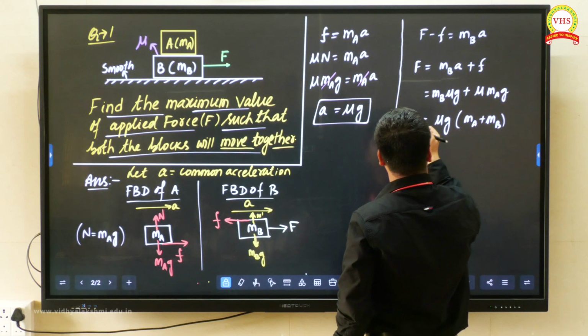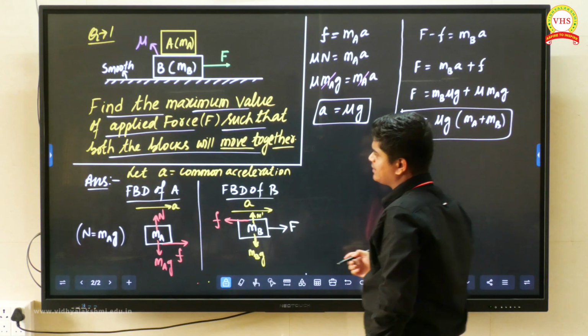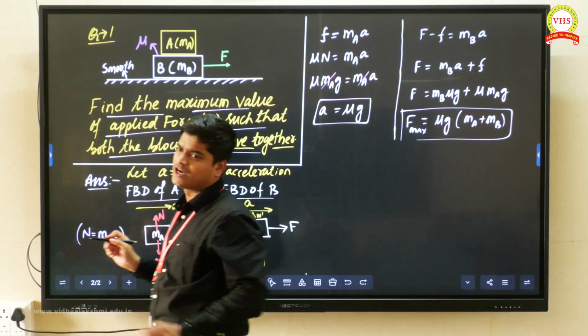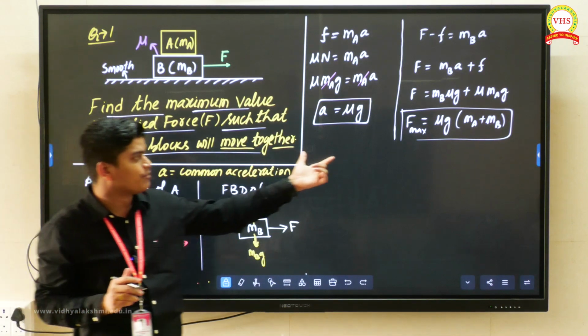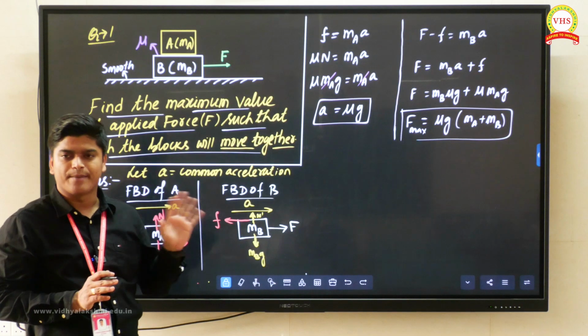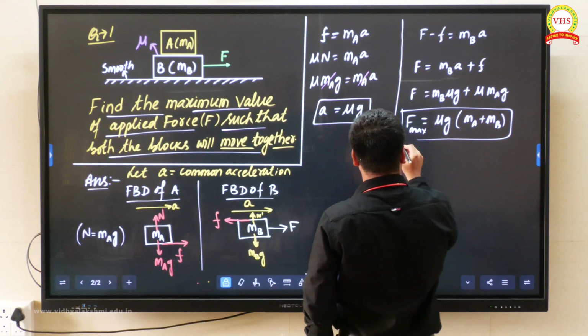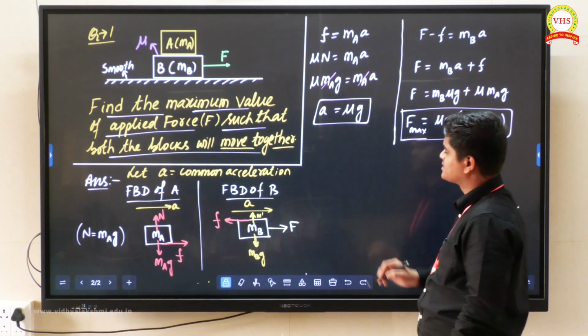So this one I consider as the maximum force, so I can write it as the maximum force. The maximum force that can be applied on B so that both will move together is mu G into MA plus MB. So this is what the question asked.